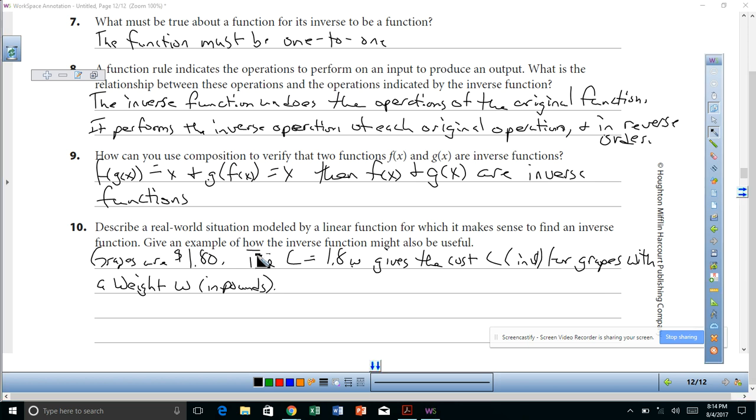The inverse function is W equals C divided by 1.8.